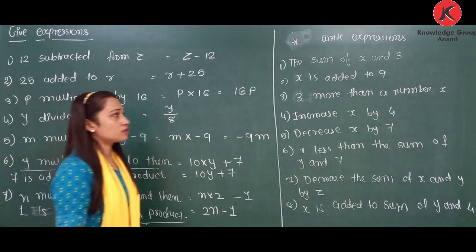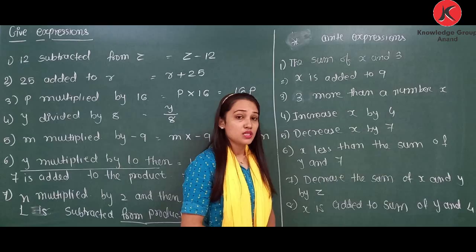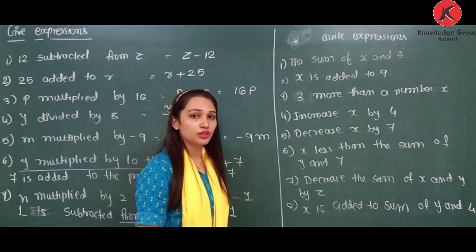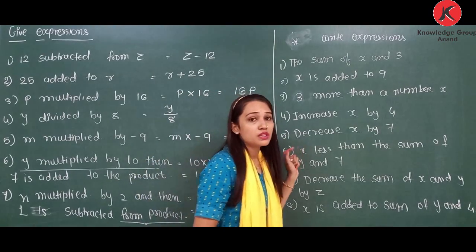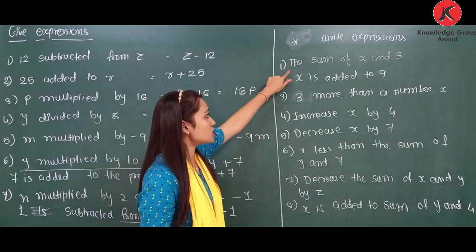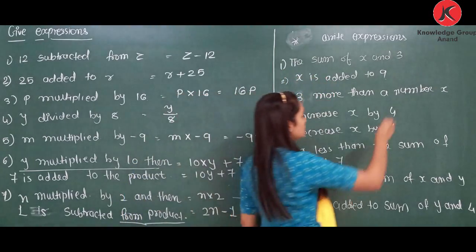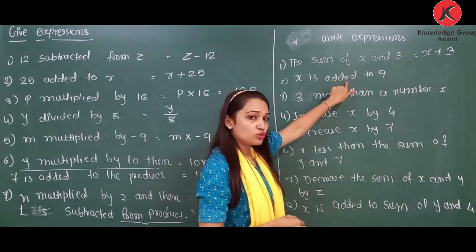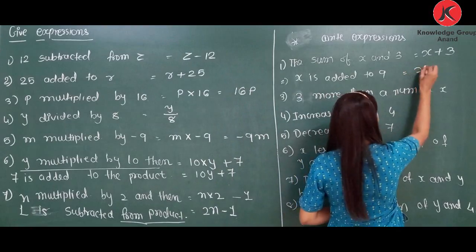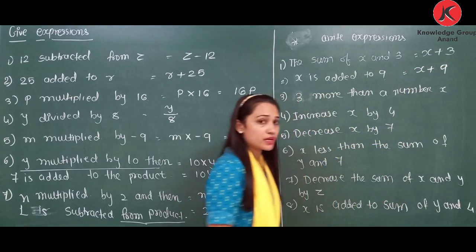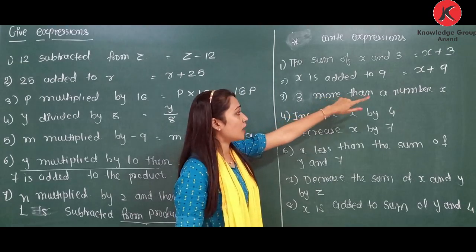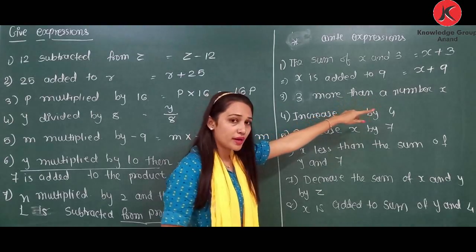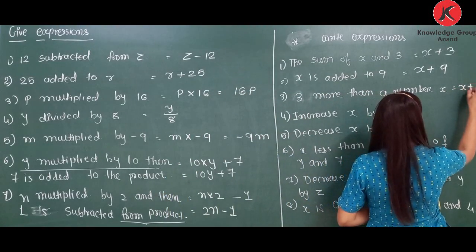Okay. Now next, these are some extra statements and for that we need to write expressions. First, the sum of x and 3. Sum can be represented in different words. The sum of x and 3 is directly written as x plus 3. x is added to 9 can be written as x plus 9 or 9 plus x. 3 more than a number x is nothing but addition, also written as x plus 3.